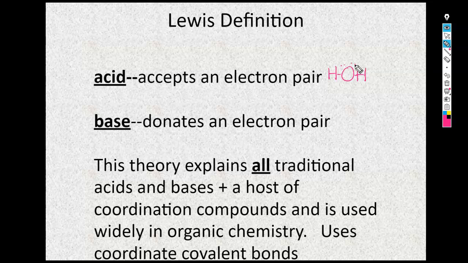So an acid has to have room to be able to accept an electron pair or a pair of electrons, where a base has to have a way of donating an electron pair or have an electron pair to donate. So here we have again the water, and water has this electron pair it can donate.